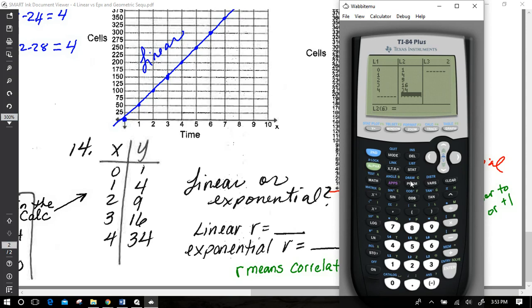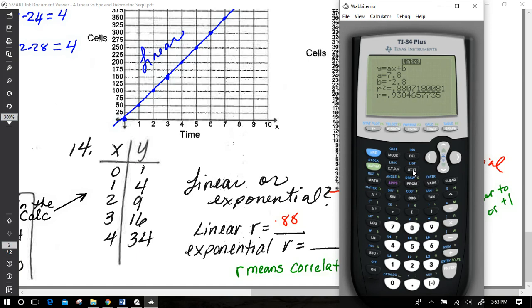And now I am ready to get a linear model. Stat, calc, 4, enter. And then I need to look for my correlation coefficient. For the linear model, it is 0.88. Now we're going to do that same process for an exponential model, and we're going to see which R value is larger.